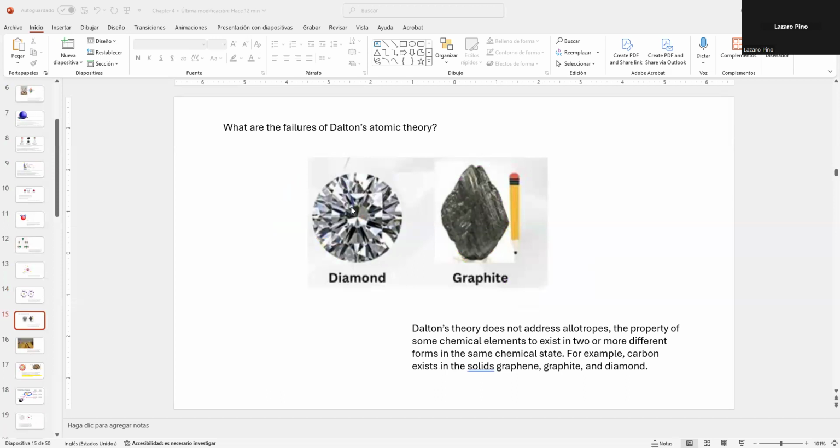But also, the same element can be presented in different forms that we call allotropes. For example, carbon can be diamond or graphite according to the structure or the order of the atoms in space.